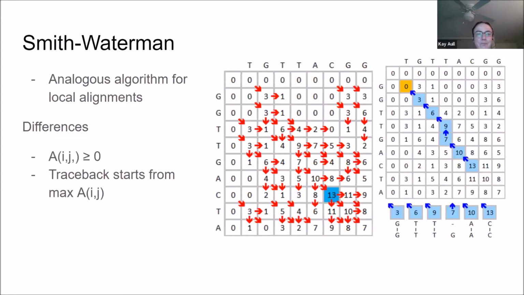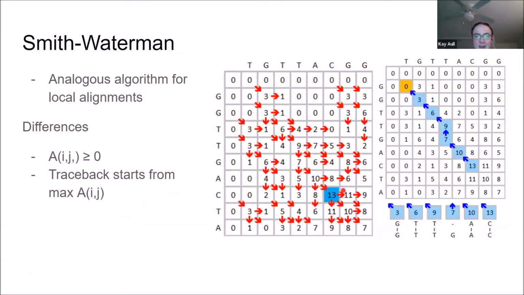What you do is you take this generalization, they call it Smith-Waterman, and the idea is you're not looking for your end position anymore. You're looking for your best value.